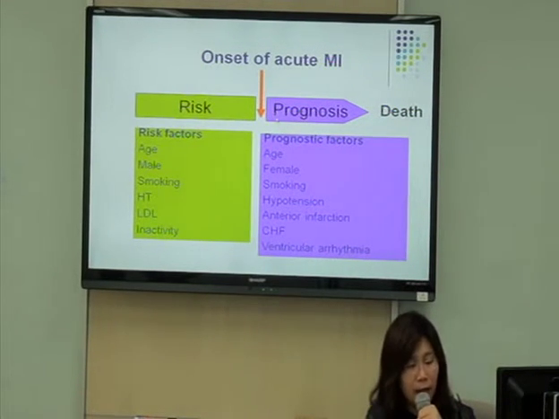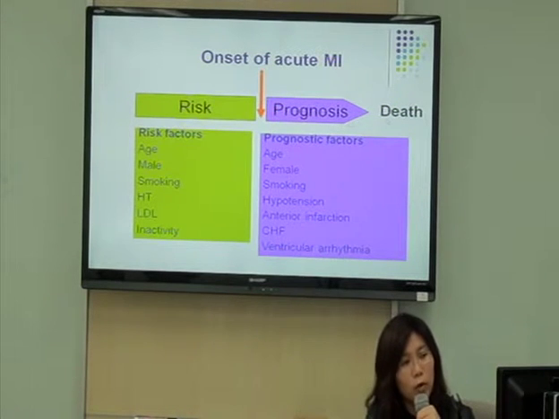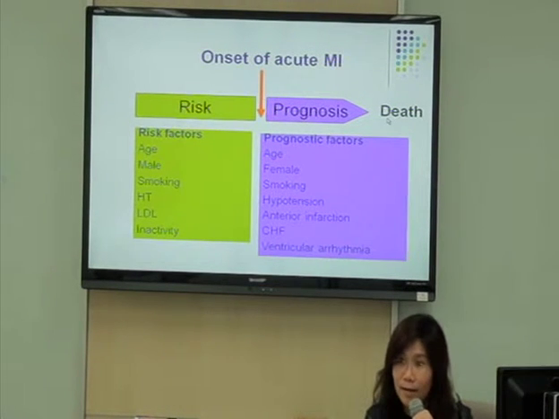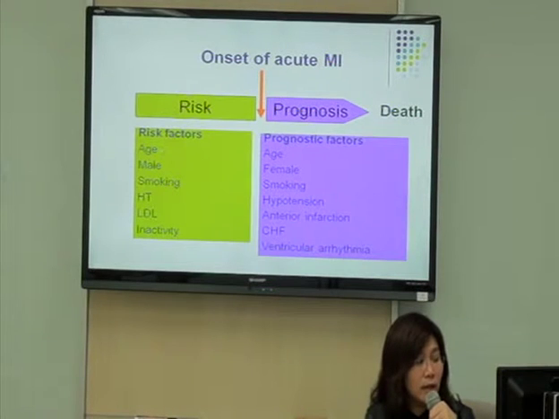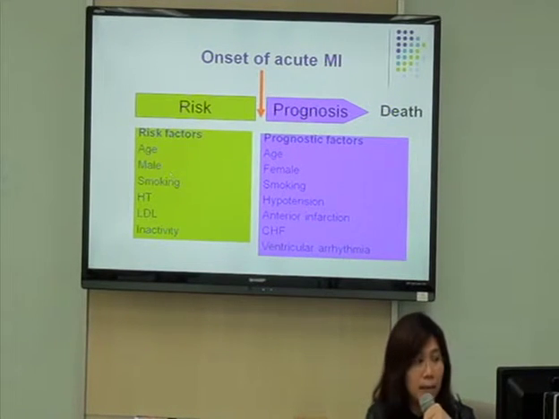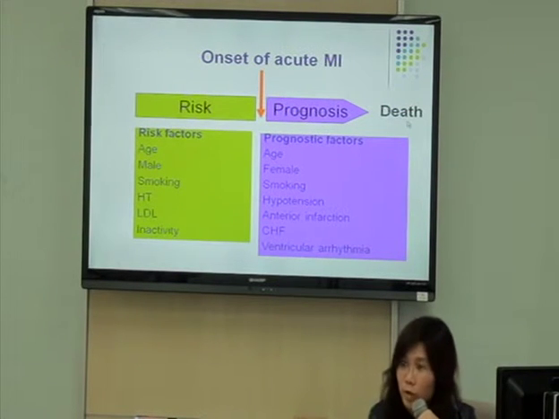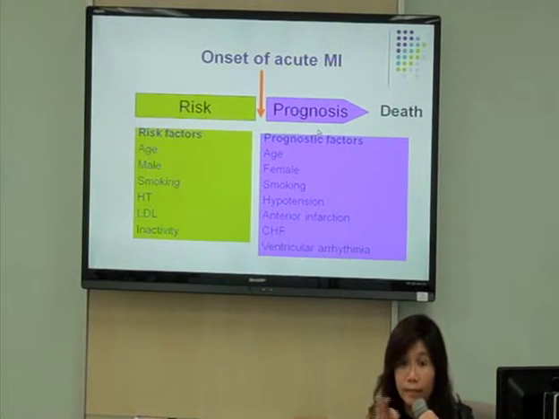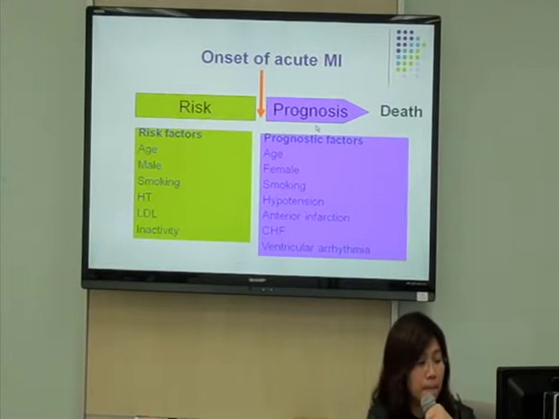And after MI, you want to know who will die after that. Sometimes risk factors like male: males have a higher risk to develop MI than women. But after MI occurs, females are more likely to die, for example. So it might not need to be the same factors.